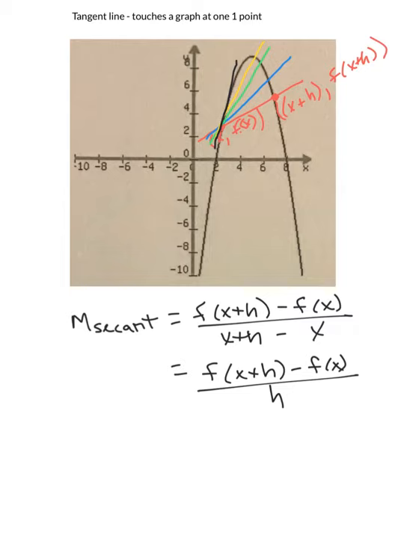So the slope for any one of those secant lines would be this formula.